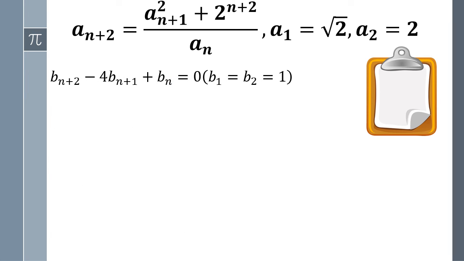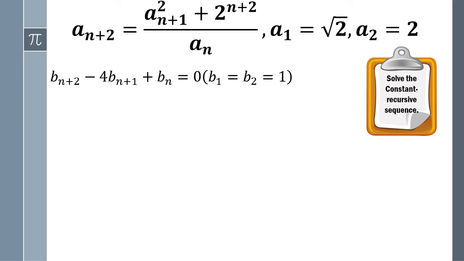In this new recursive equation of b_n, b_{n+2} is a linear combination of b_{n+1} and b_n. This type of number sequence is called a constant recursive sequence or linear recurrence sequence, such as the Fibonacci sequence. Solving this type of sequence has a standard way.